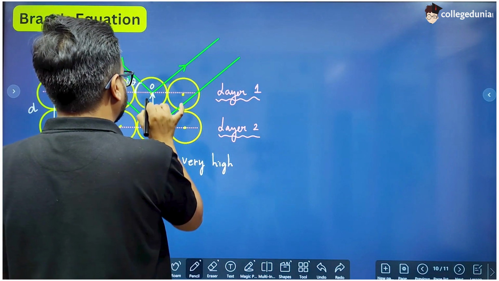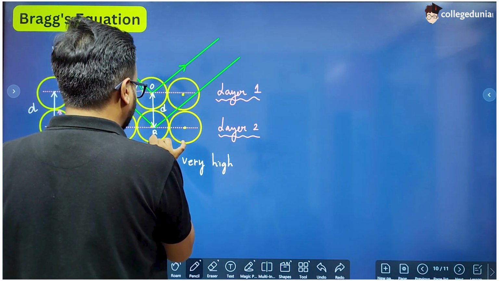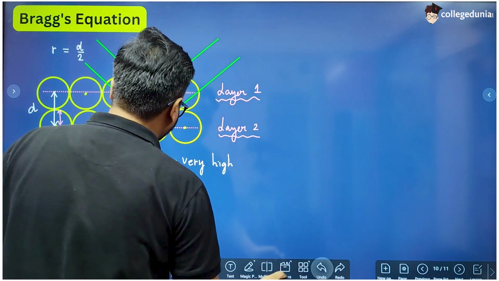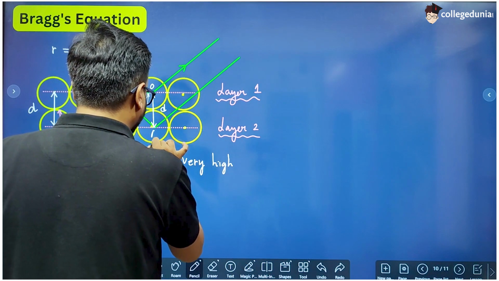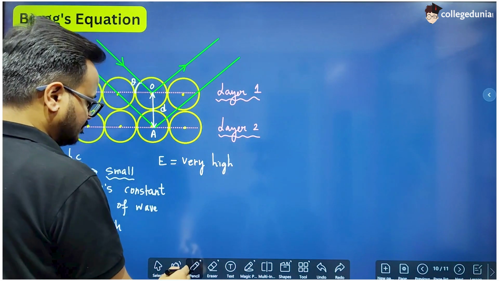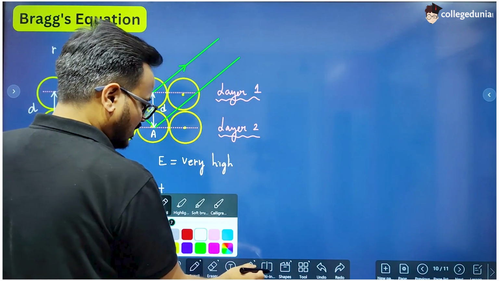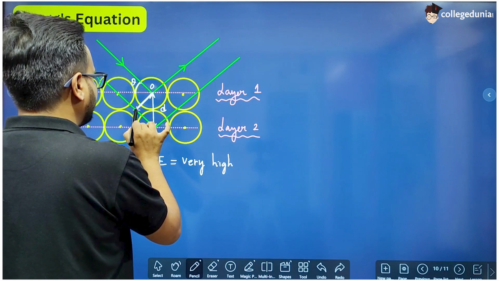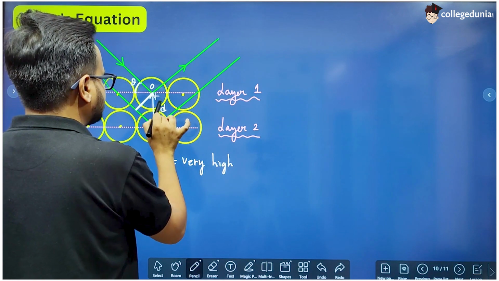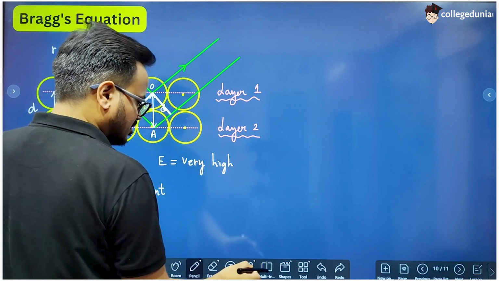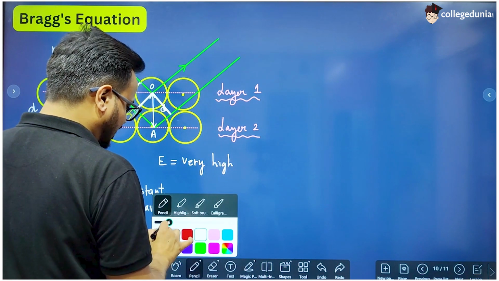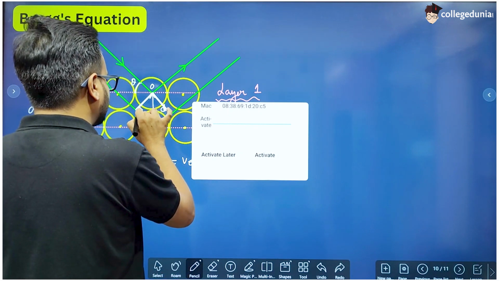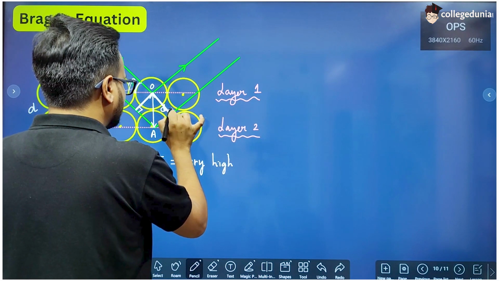Okay, now let's mark these points. Let us say this point is A, this point is O, and now if we draw a straight line here and a straight line here, such that this angle is 90 degree, right?